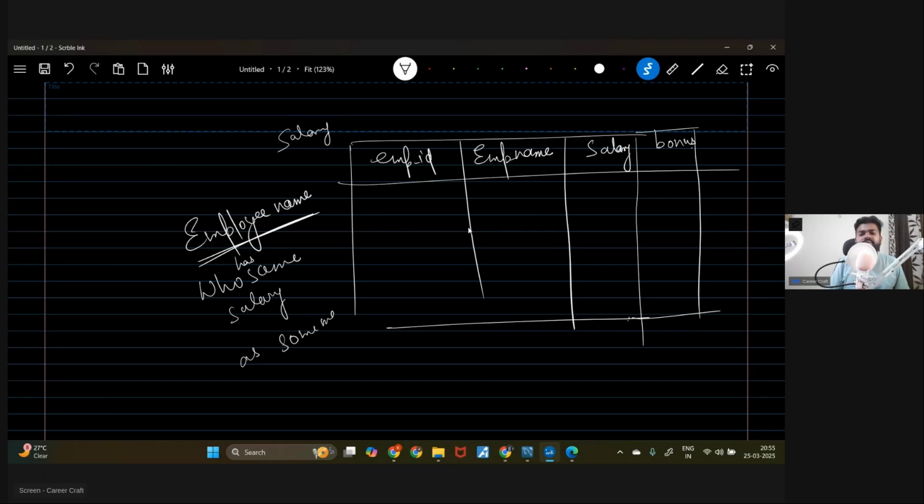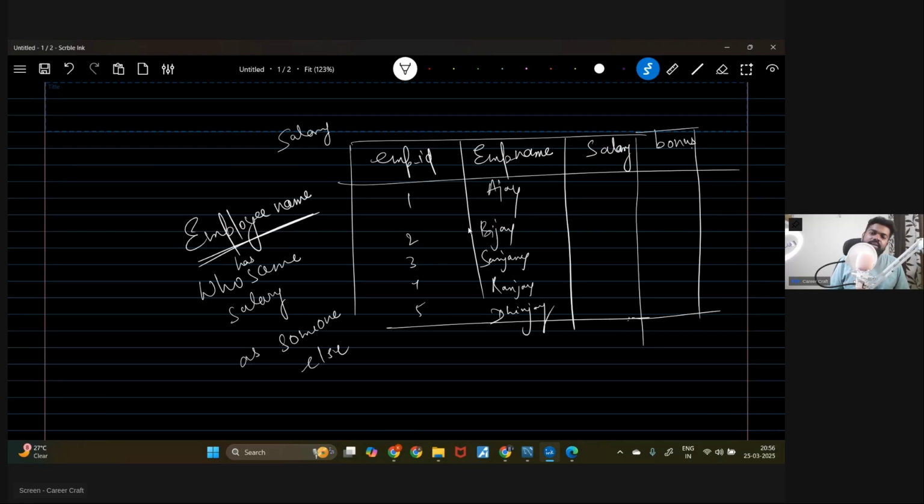What is the question? Let's say employee ID is 1, 2, 3, 4, 5. Employee name is Ajay, Vijay, Sanjay, Ranjay, Dhinjay. These are the names.